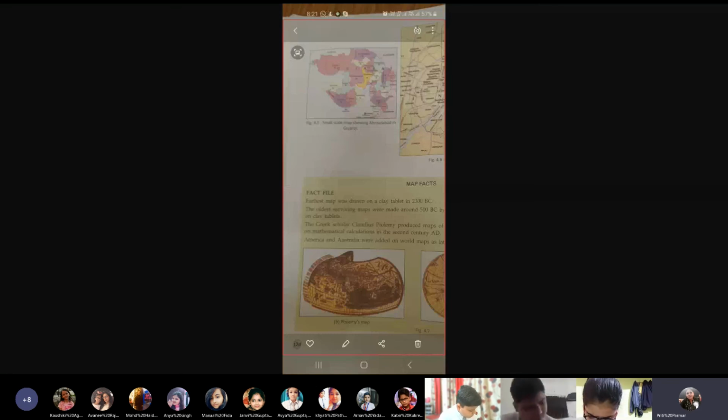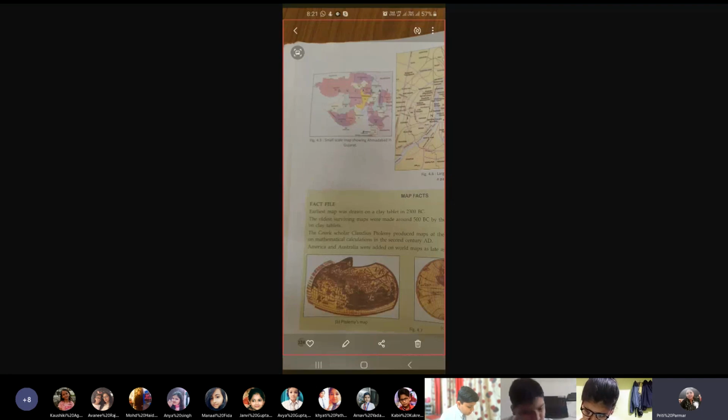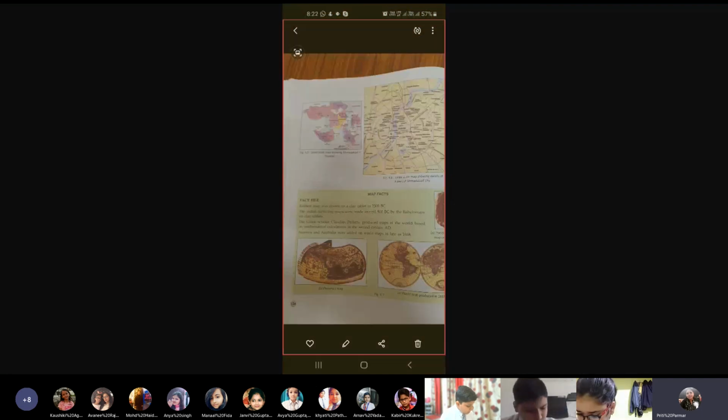Then next, the Greek scholar Claudius Ptolemy, underline Claudius Ptolemy, produced maps of the world based on mathematical calculations in the 2nd century AD. He was the one, the Greek scholar, underline Greek scholar Claudius Ptolemy, and underline 2nd century AD.